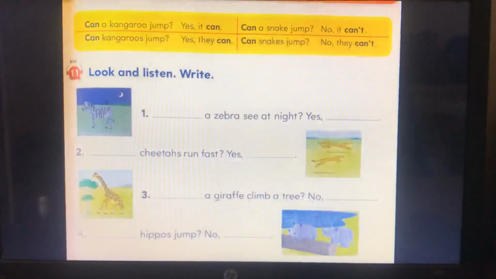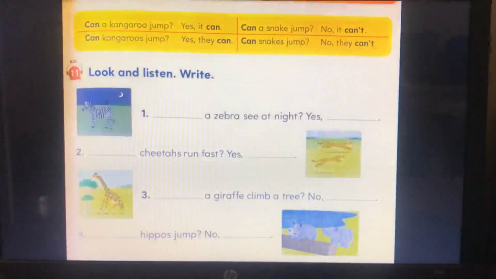Now we're going to say it in plural. Can snakes jump? No, they can't. Excellent job, everyone. Now remember, can is positive and can't is negative.